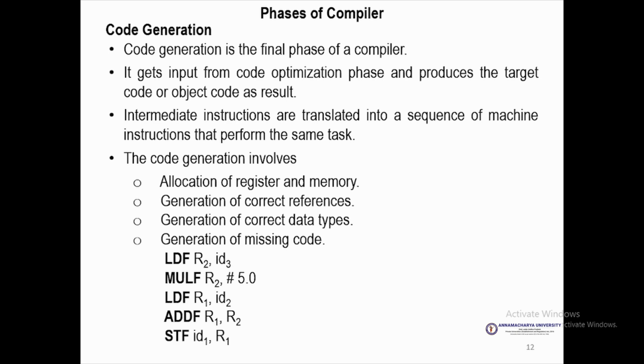Code generation involves allocation of registers and memory, generation of correct references, generation of correct data types, and generation of missing code.